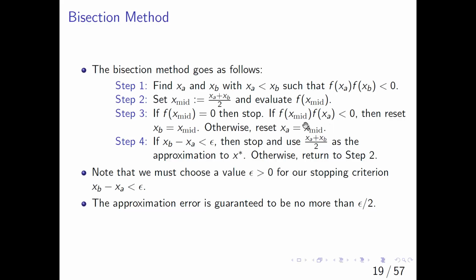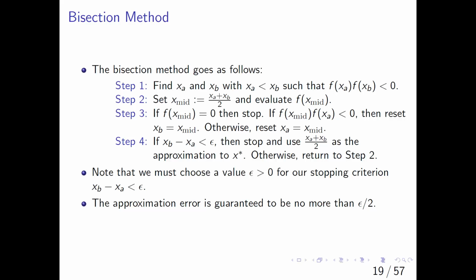Now, if the sign of the option value at the midpoint and at one of the endpoints, xa let's say, are different, so that means essentially their product is negative, then we reset xb to x mid. Essentially, we know that the true solution will fall between a and the midpoint. Otherwise, we know that the solution will fall in between the midpoint and xb.